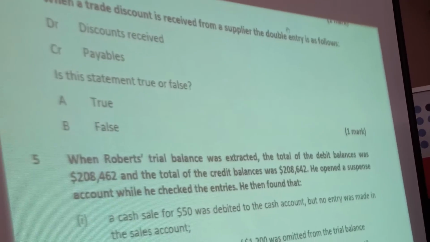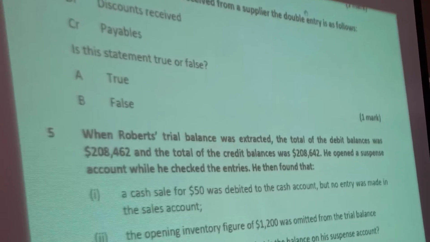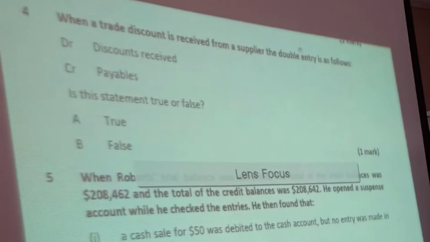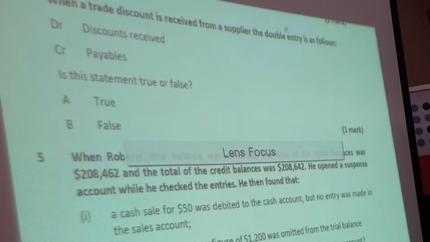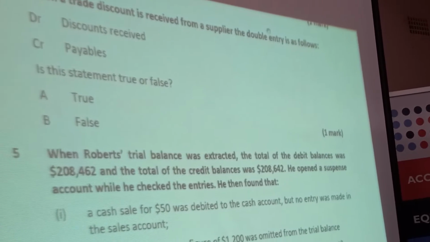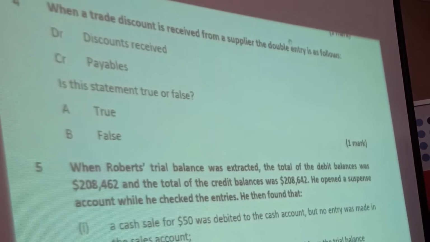When a trade discount is received from a supplier, the double entry is as follows. Anyone to try?